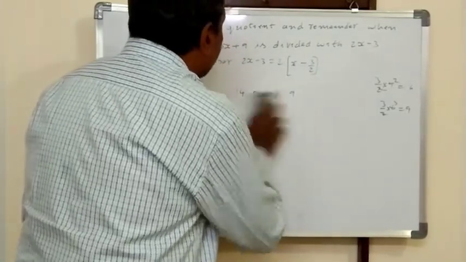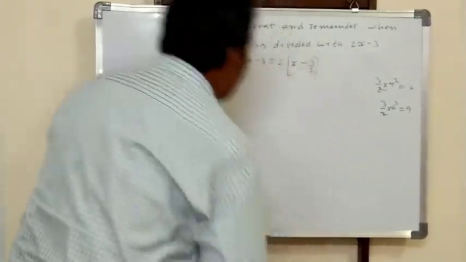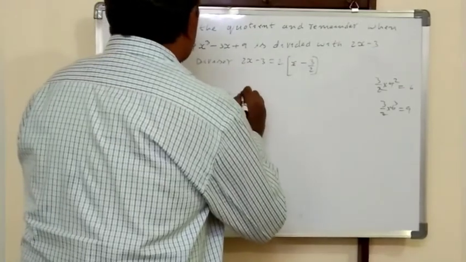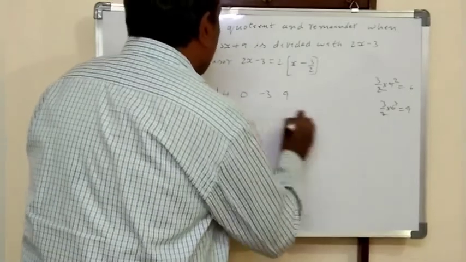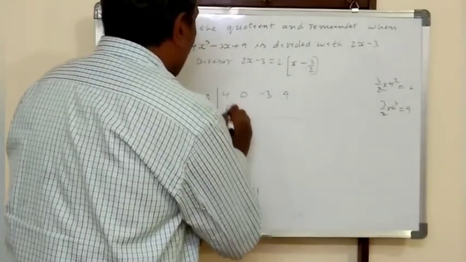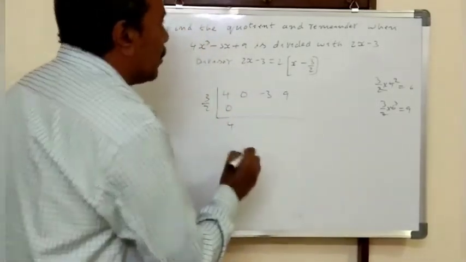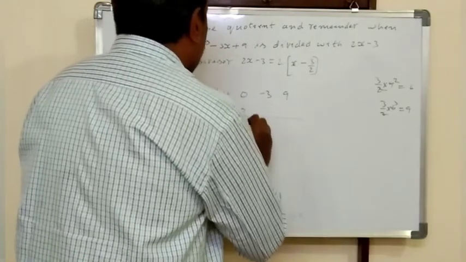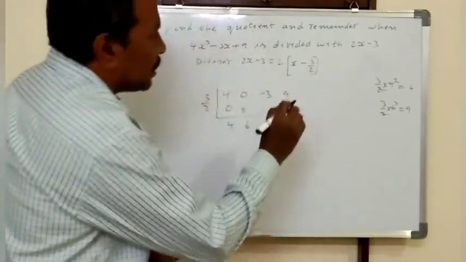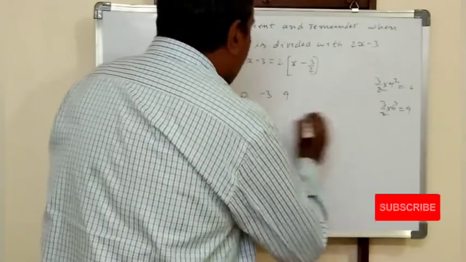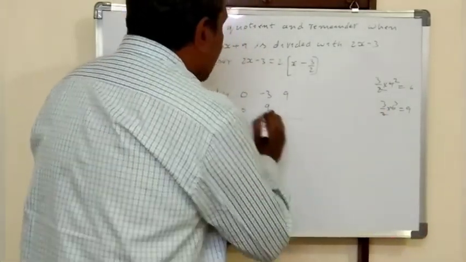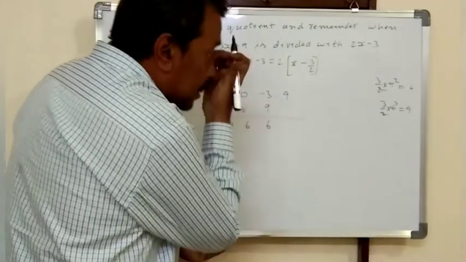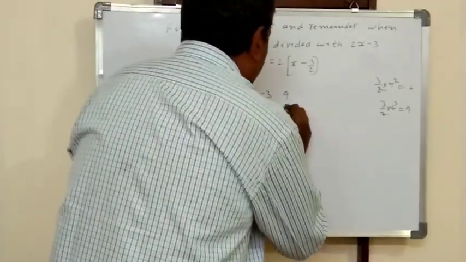Once again: 4, 0, minus 3, 9, with 3 by 2. 4 into 3 by 2 is 6, 6 plus 0 is 6. 6 into 3 by 2 is 9. 9 minus 3 is equal to 6. 6 into 3 by 2 is 9, so it is a 9 here.